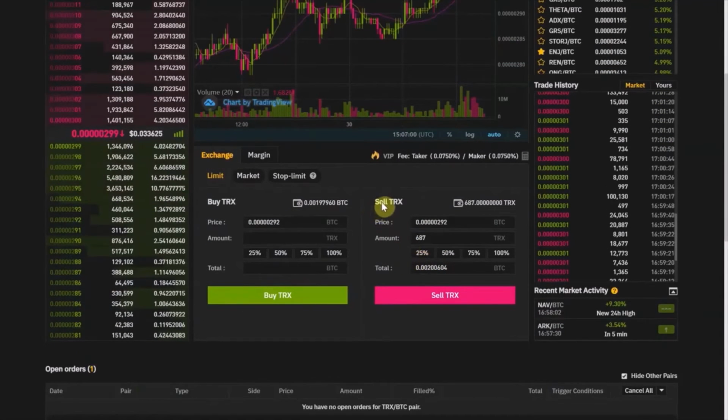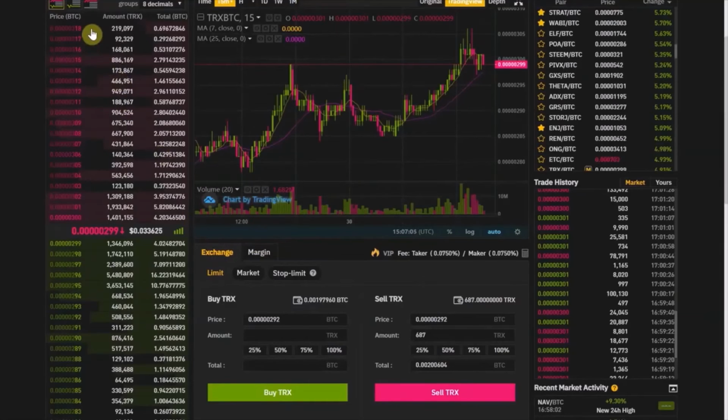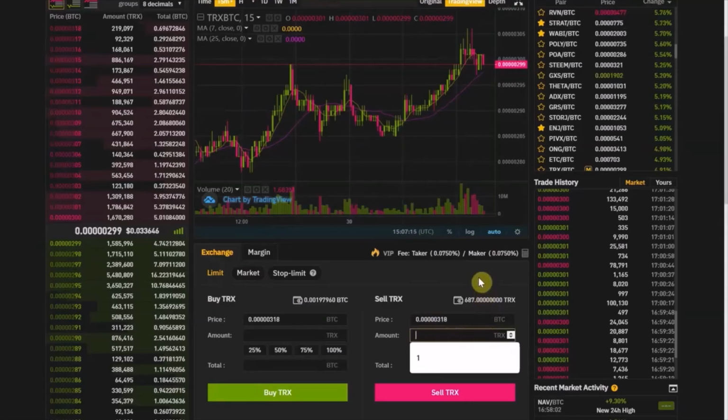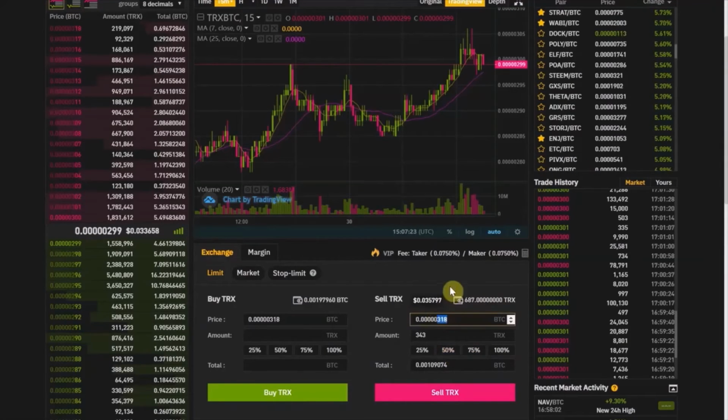Again, if you wanted to sell, it's the exact same thing. Let me say, okay, I want to sell at this price, that's it. I want to sell at this price, and how much do I want to sell? So I have this amount of TRX, and let's say I want to sell this amount of TRX at 318.